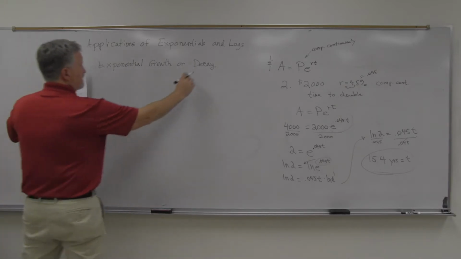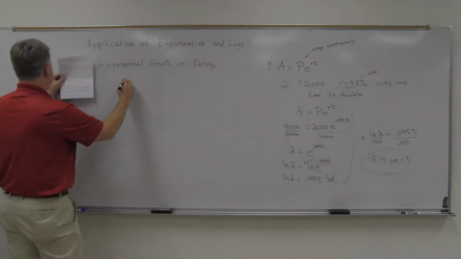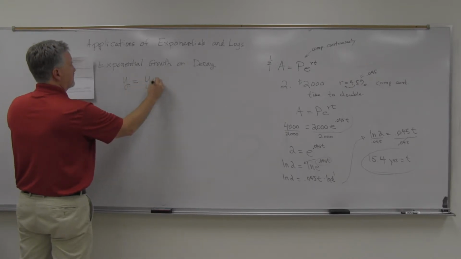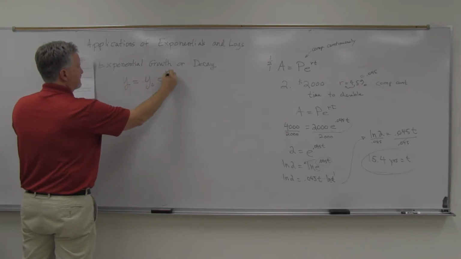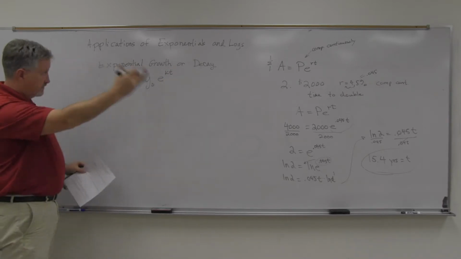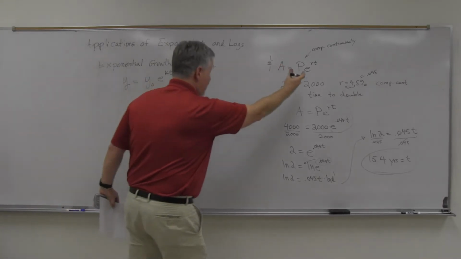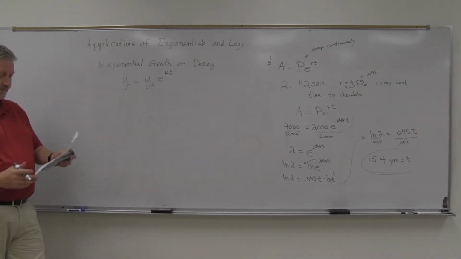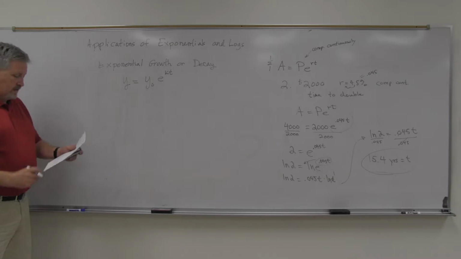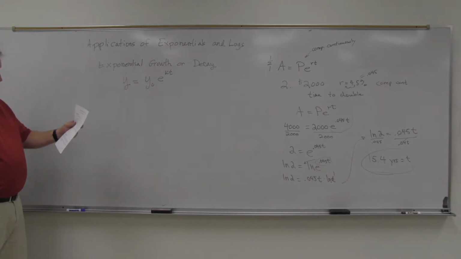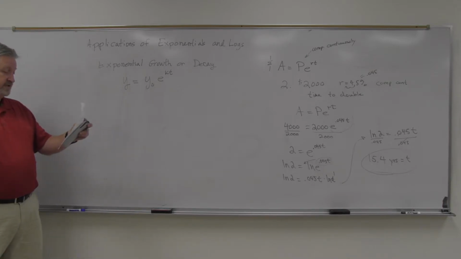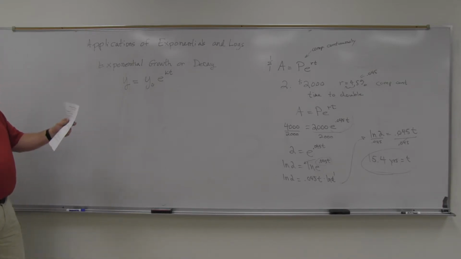And this is one way you can see it shown. y equals y0 e to the kt, which, if you look at it, is a whole lot like the compounding continuously formula. It's basically the same thing. But we're calling it exponential growth or decay of quantities such as population, radioactive material. So notice the similarities between that and the compounding continuously formula.